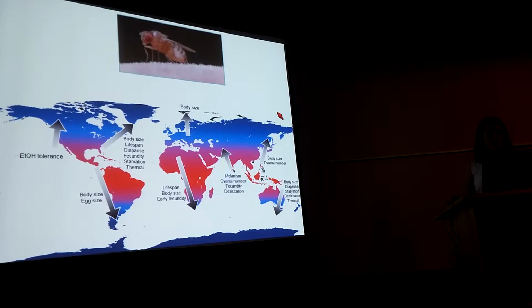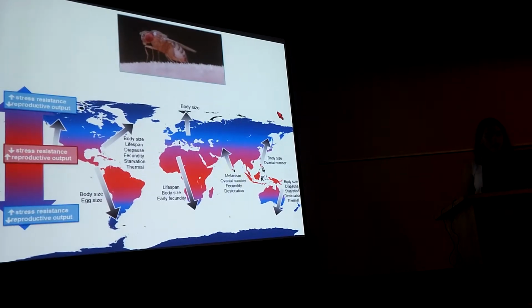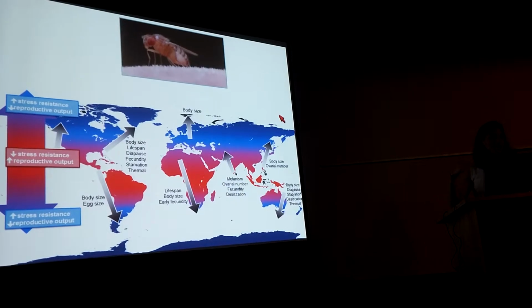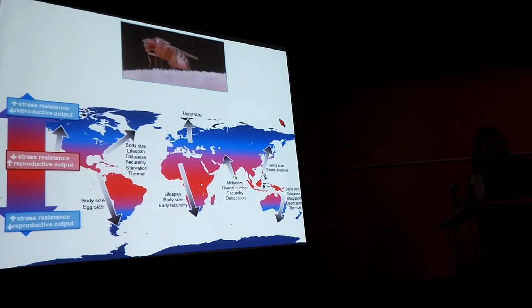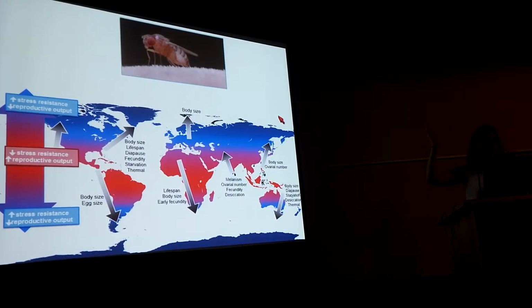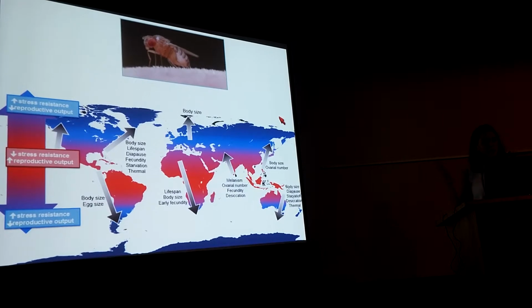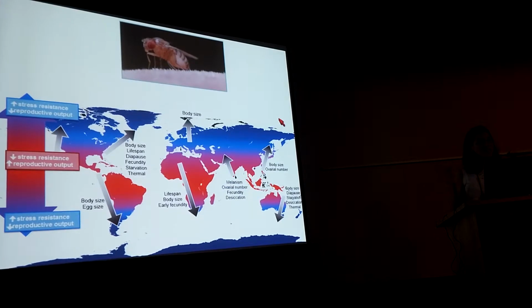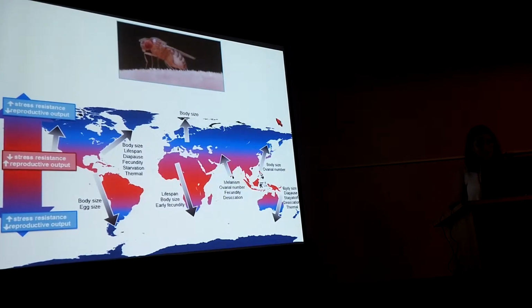And so they've looked at latitudinal clines worldwide, and there's a general pattern that at low latitudes, so in tropical environments, there's an increase in reproductive output. Whereas when you increase in latitude, going north or south, depending on which hemisphere you're in, there's a general increase in stress resistance. So this really encapsulates this classic life history trade-off between reproduction and stress resistance.